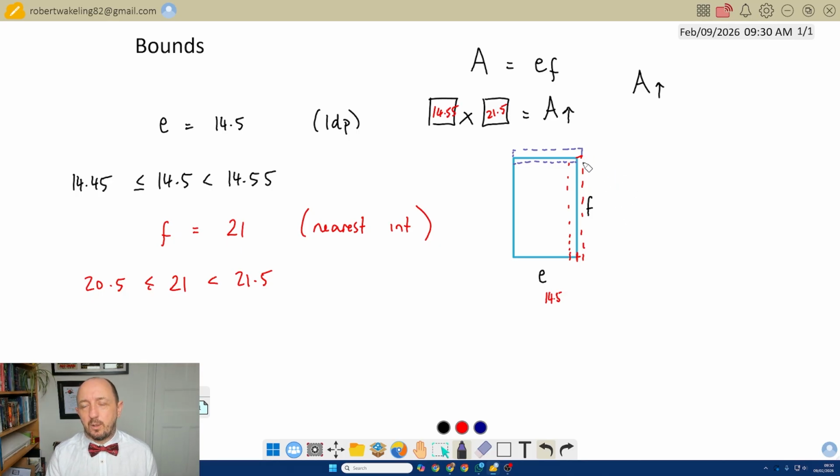So when we're looking at A, I chose capital A for the area. The smallest possible area would be this purple and red line here, which would kind of take us to there. That would be our smallest possible area, the two smallest multiplied together. And for the largest, it would be the widest E and the longest F, and that would add this extra kind of area on here that we didn't have before.